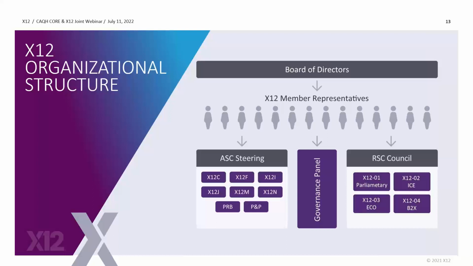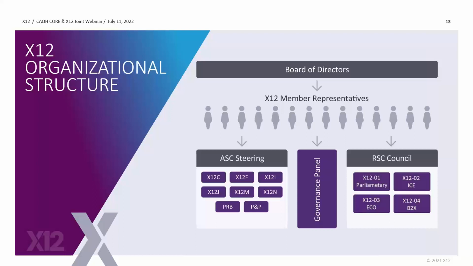Then we have a procedures review board to make sure everybody's following due process. And then we have a policies and procedures group that oversees all of the policies that we adhere to and all of the procedures that support those policies. Then we have the RSC side, which is essentially the groups that do business above and beyond and outside of the everyday work group activity, but it spans each of those X groups on the left.